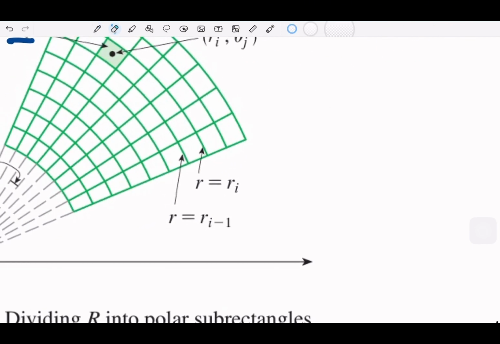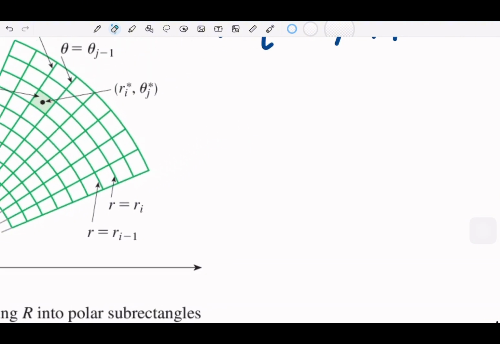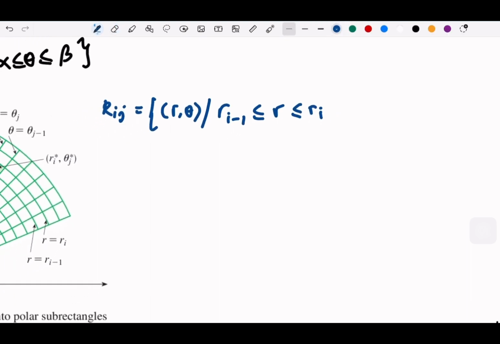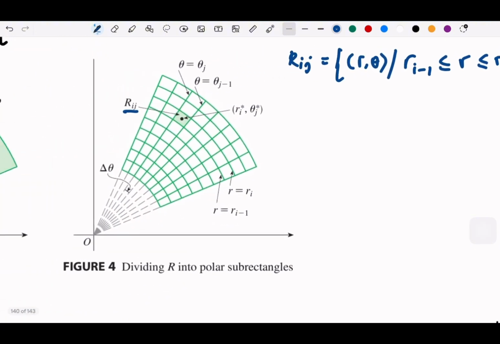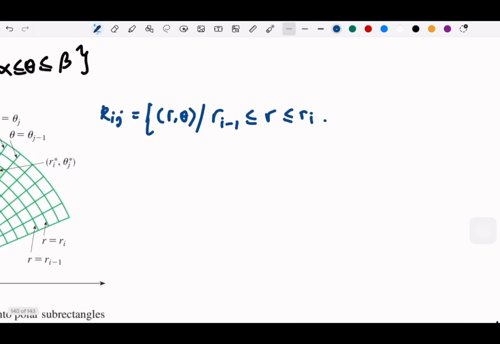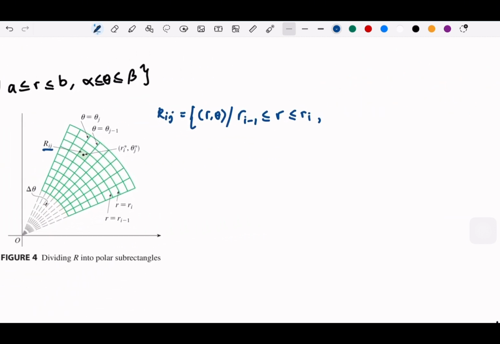The previous r is r_{i-1}, and after that is r_i. So let's define between these two lines or two radii. And then the theta will be theta_j and theta_{j-1}. Okay, so that is for the theta. So j means the second axis, or in this case, the theta.